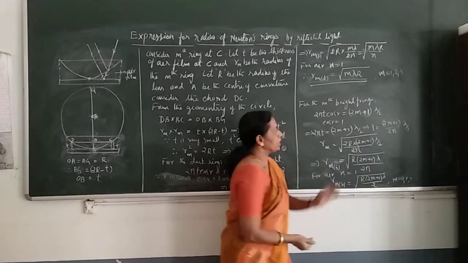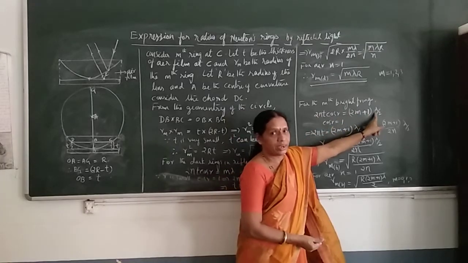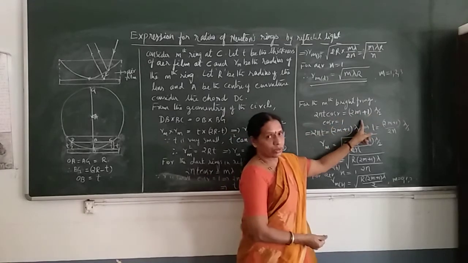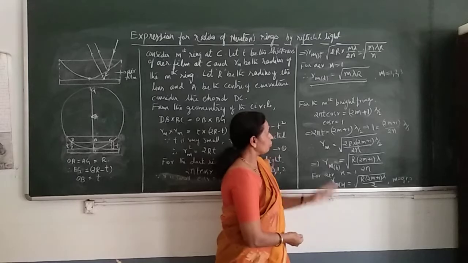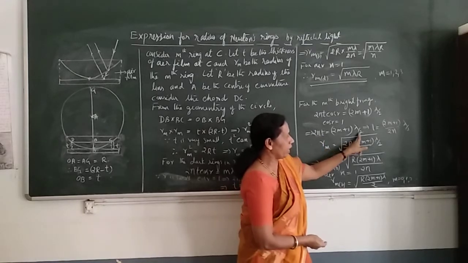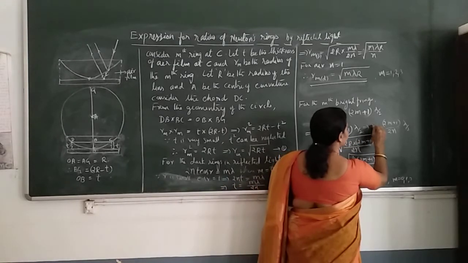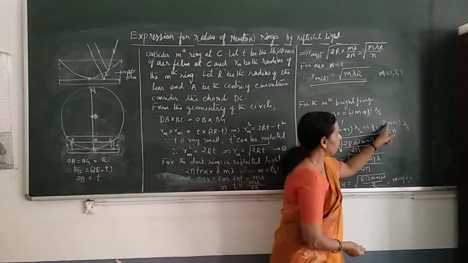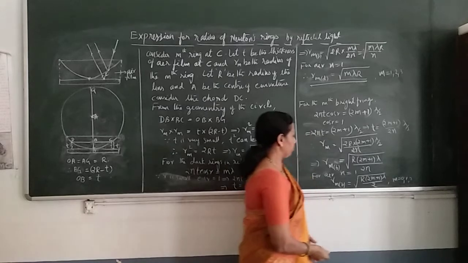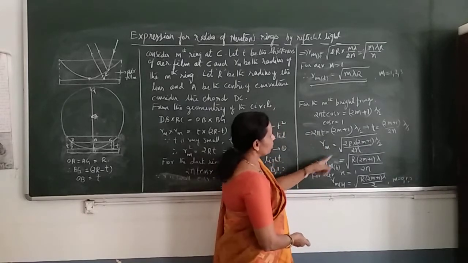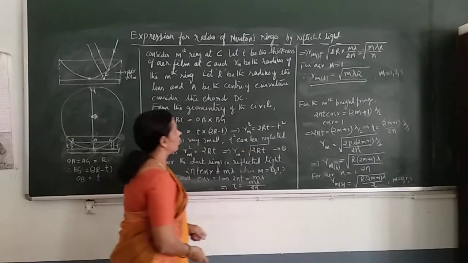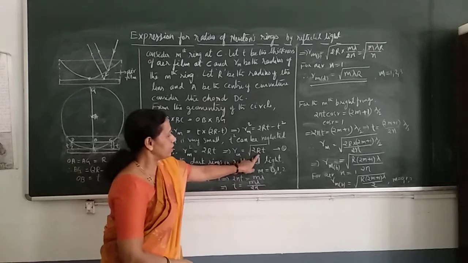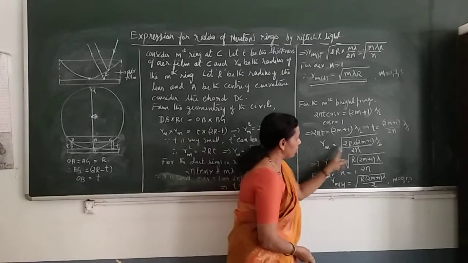The bright fringe in reflected light is produced when this condition is satisfied, and again r is small, so cos r becomes 1, so that 2nt is equal to this. From this we get t, the thickness corresponding to the mth bright ring, as (2m plus 1) lambda by 2 by 2n. If you substitute this t in the general expression for Rm, you get Rm as this.